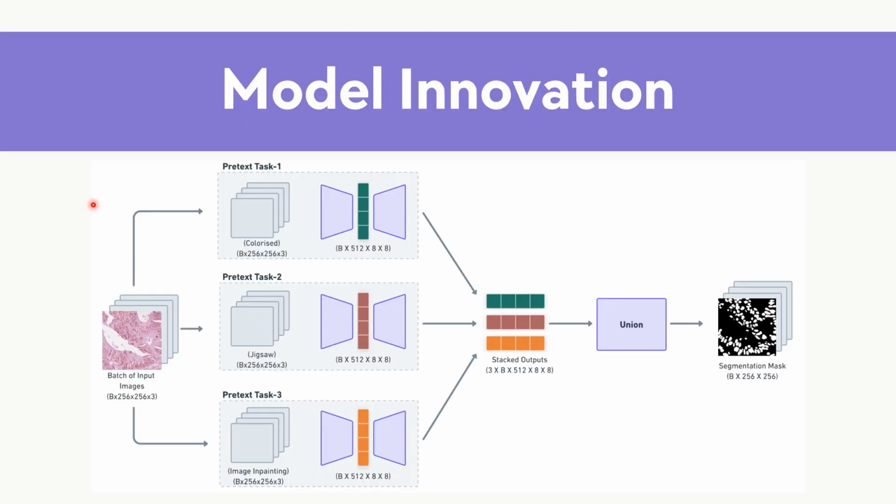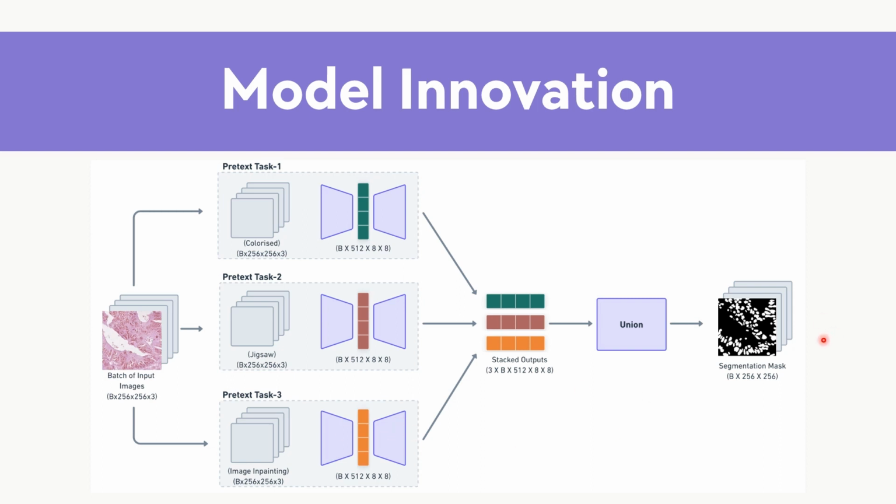Then for our innovation, we trained three pretext tasks. First was colorize, where we decolorized the image into grayscale and then tried to recolorize it. Here we also did some patch masking, and we used a VGG16-based UNet. Then we got a three-channel output and unioned it to get our final result.